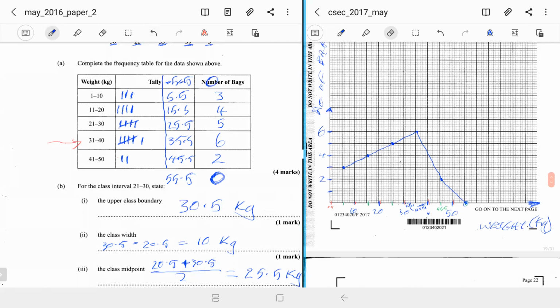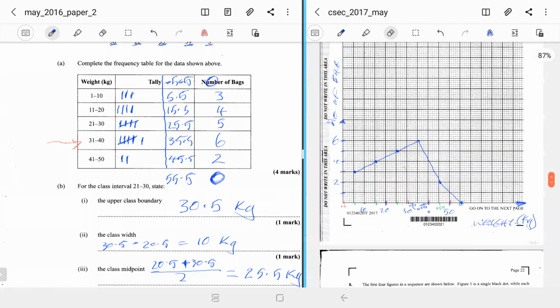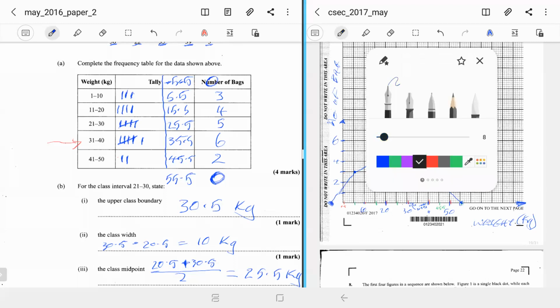So negative 5.5 would maybe be somewhere over here, down in blue, and you get the frequency down to 0. And you close this end, and this will be the x-axis.